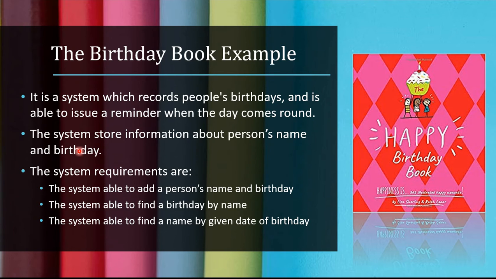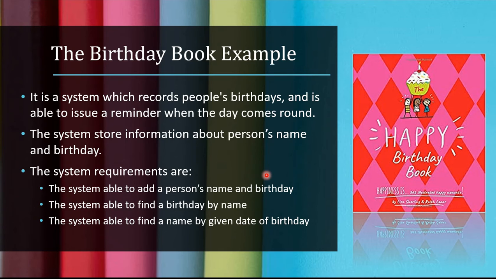What are the requirements of this system? First, the system is able to add a person's name and birthday, that is, add a record, where each record is the name and the birthday date. Second, the system is able to find the birthday by name: you give the system the name, and it will show you the date.